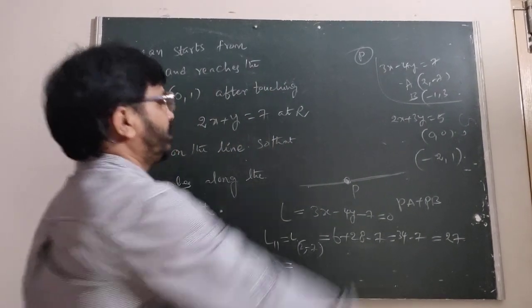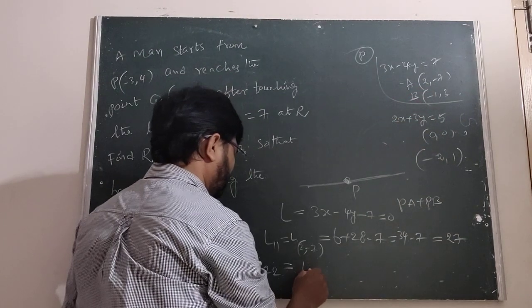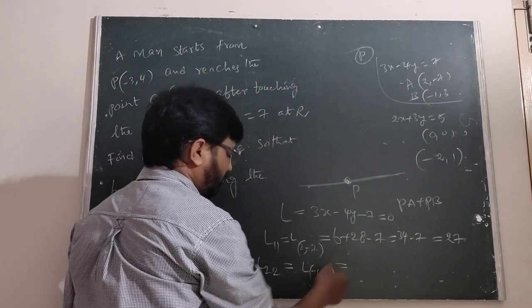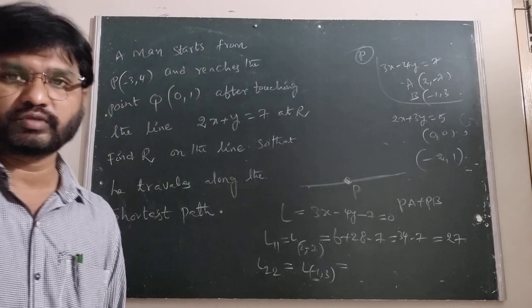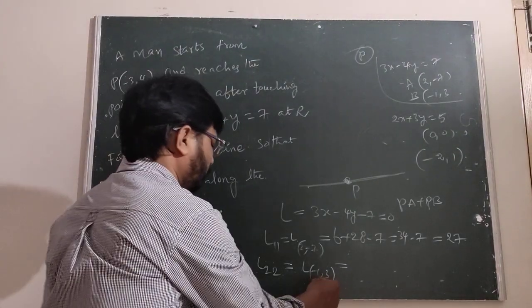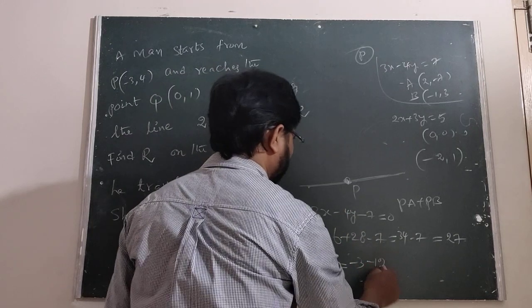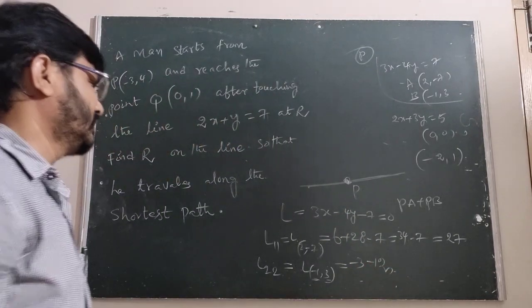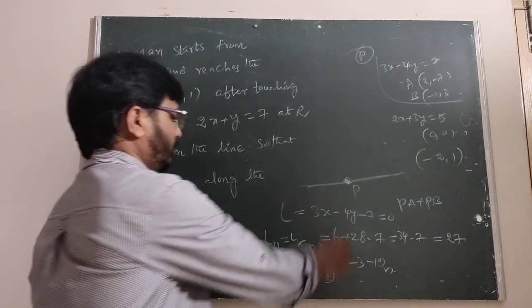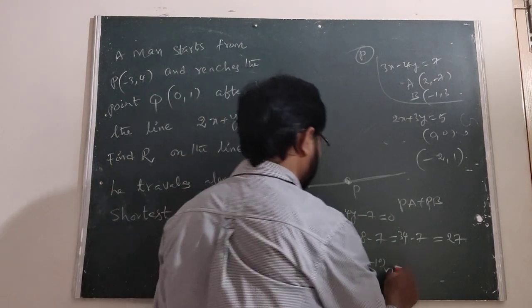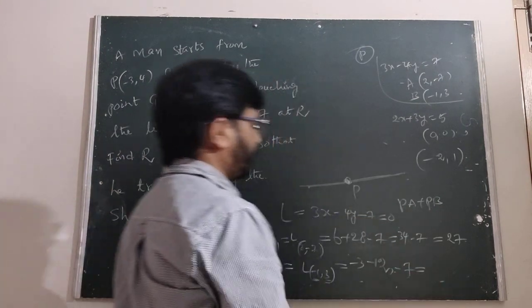L22 means the point B given as minus 1 comma 3. Now we take x equal to minus 1 and y equal to 3: minus 3, minus 12 and minus 7.